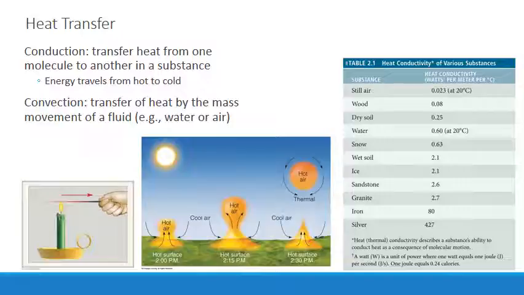The flame is causing the molecules at the candle end to vibrate more rapidly. Those molecules and free electrons collide more vigorously with their neighbors, and so on across the length of that nail. So conduction is the transfer of heat through electron and molecular collisions from one molecule directly to an adjacent molecule.